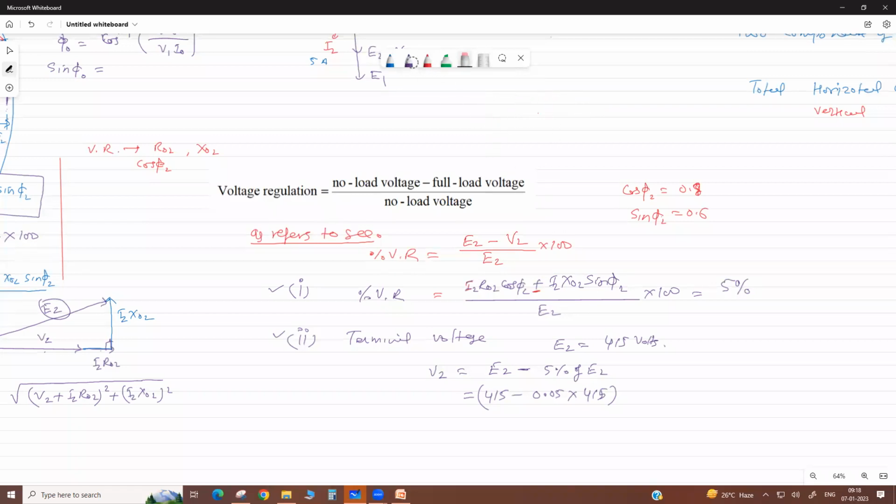First we calculate R01, that is short circuit loss divided by I1 squared, because the primary side is given, where I1 will be your ISC.